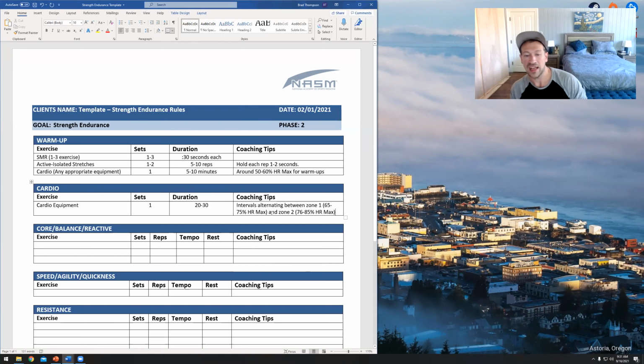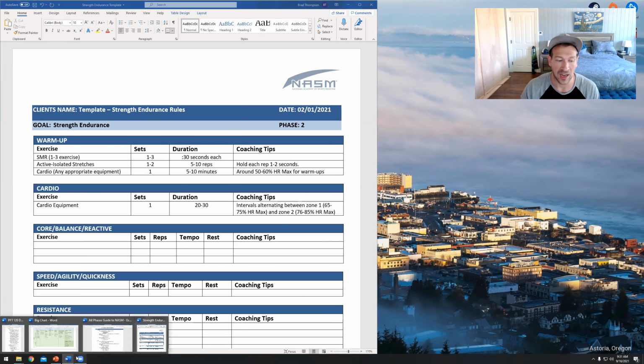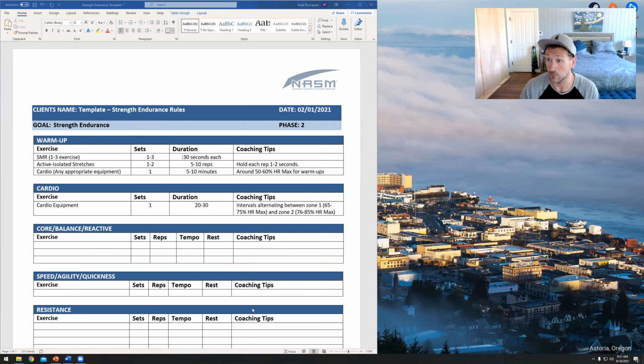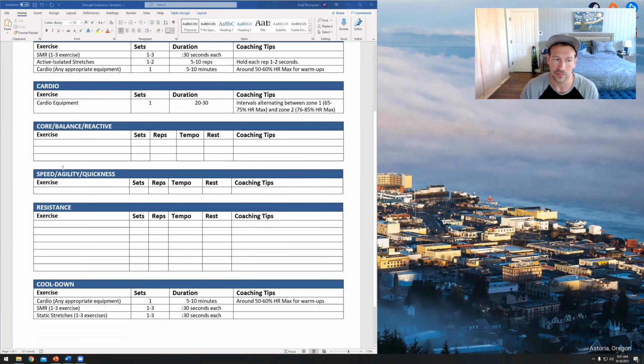So that's how we're going to do this. You're going to do an interval situation here, alternating between zone 1 and zone 2. It's not necessarily high intensity interval training. It's not like HIIT training. It's really much more about medium intensity interval training.